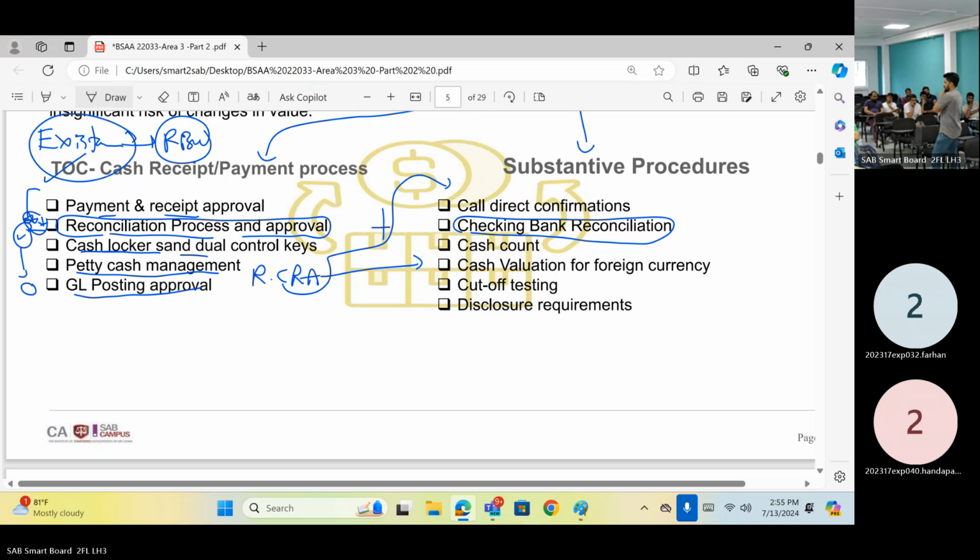And then arithmetical accuracy. Once you are getting these numbers in the bank reconciliation, we have a total number, and once you calculate, the number is different. There's a value pasted under the total.